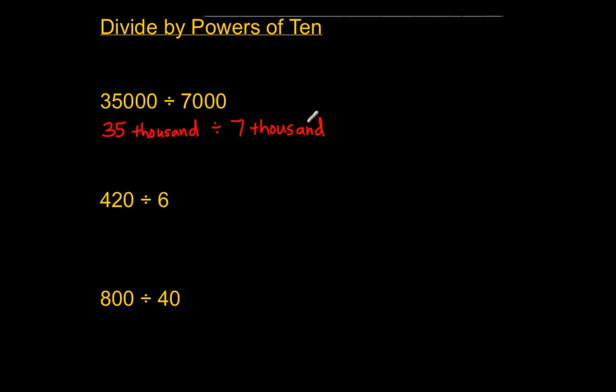Here this will work out. We're going to divide the adjectives first. Adjectives are the numbers themselves. So I have 35 here, divided by 7. 35 divided by 7 is 5. So I'm going to write down 5 here. And then 1,000 divided by 1,000.